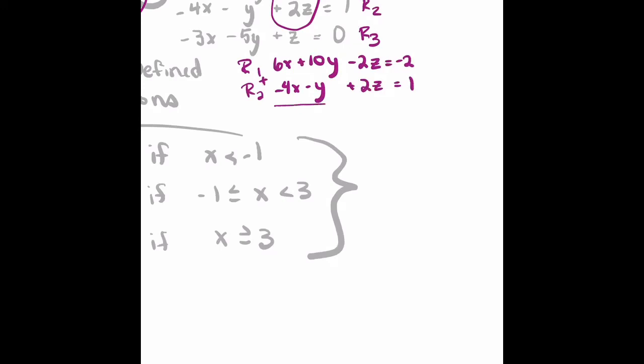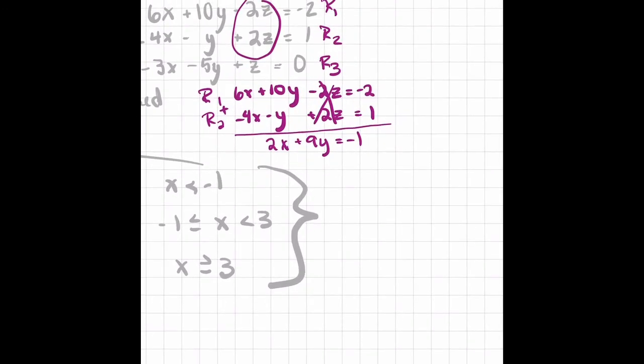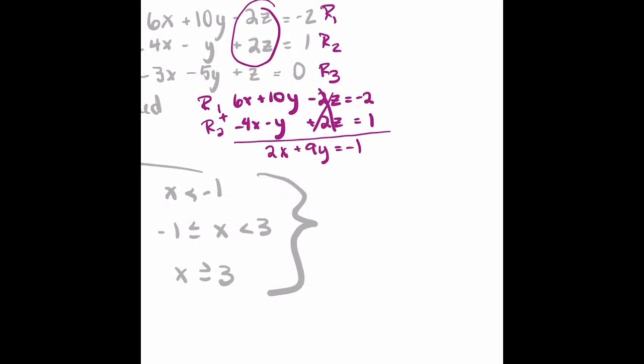Now when I combine these rows, my z's cancel. Now it's 2x plus 9y equals -1. Now, since I'm solving, getting rid of my z's, it makes sense to somehow incorporate this z. So I'm going to take row 1 and row 3 and multiply row 3 by 2.